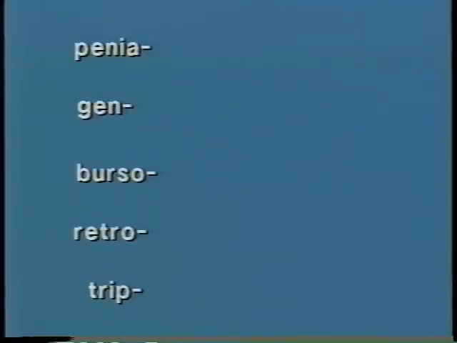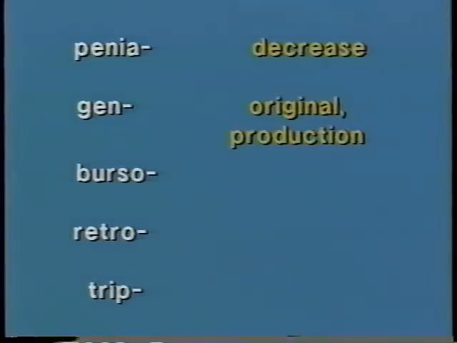Penia, pen, decrease. Gen, Genesis, original production. Burso, purse, sew, sack. Retro, retreat, backwards.